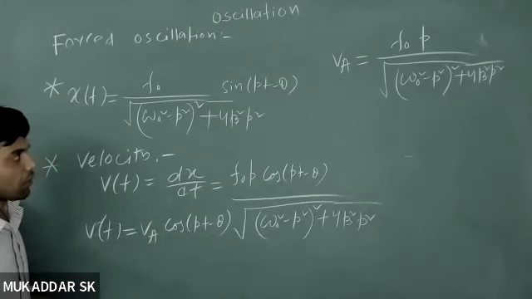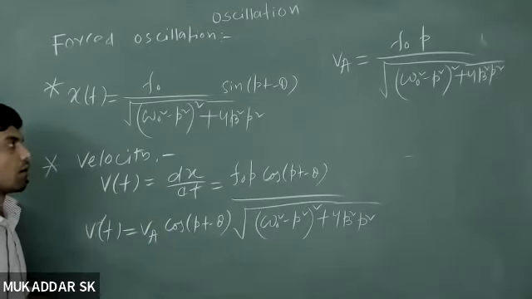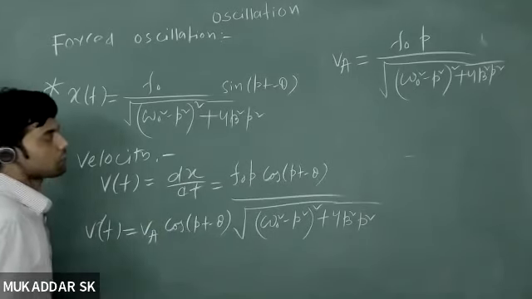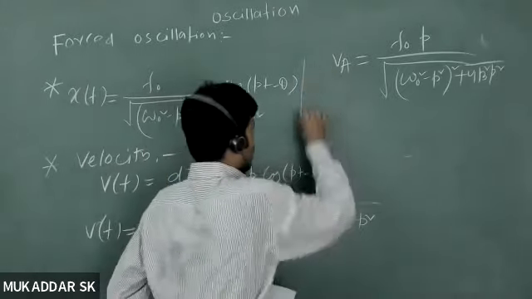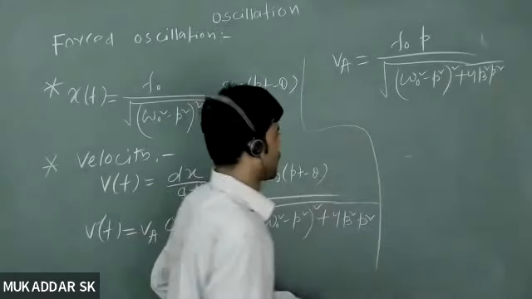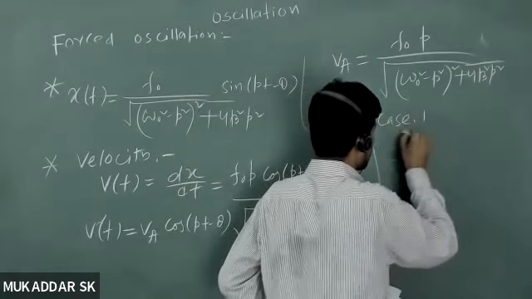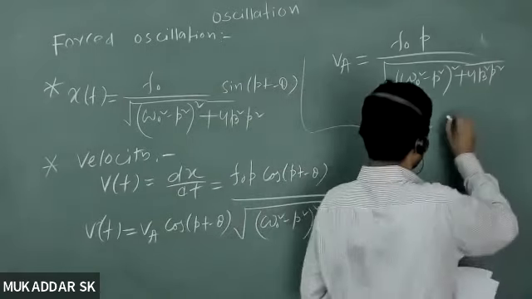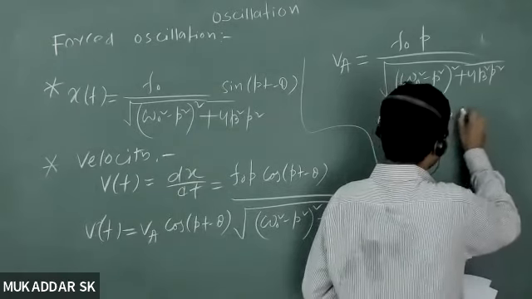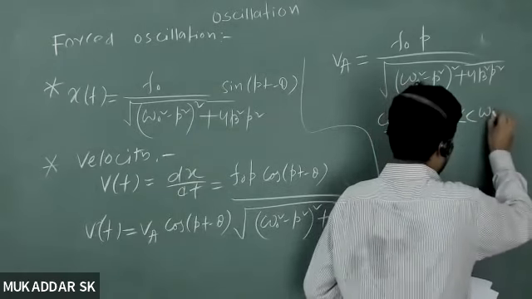Now I'll approximate that velocity amplitude for different values of p. So similar to displacement, I'll first check case number 1, when p is much smaller than omega naught.